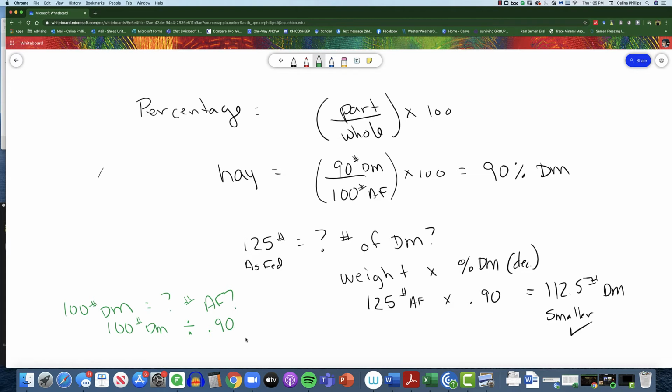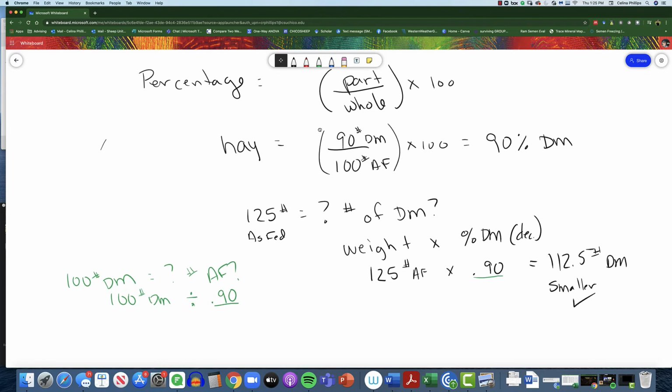When we're converting between pounds of as-fed and pounds of dry matter, we always use the decimal form of the dry matter. We don't use the moisture percentage or anything like that. We use the dry matter percentage.